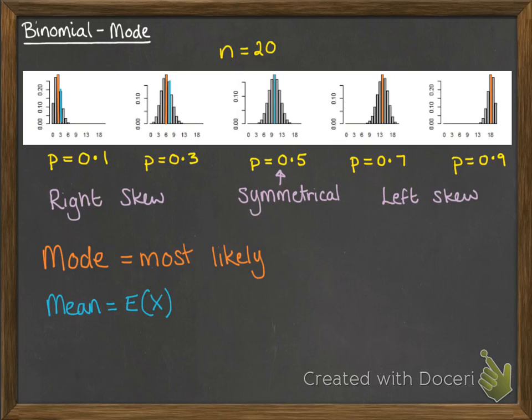But on the right skewed, it's slightly to one side, and on the left skew, it's slightly to the other side. So the mode is close to the expected value of x, or the mean, but it might not be exactly the same. So if we're asked to find the mode, we look for values that are close to the mean and test out to see which of those is most likely.